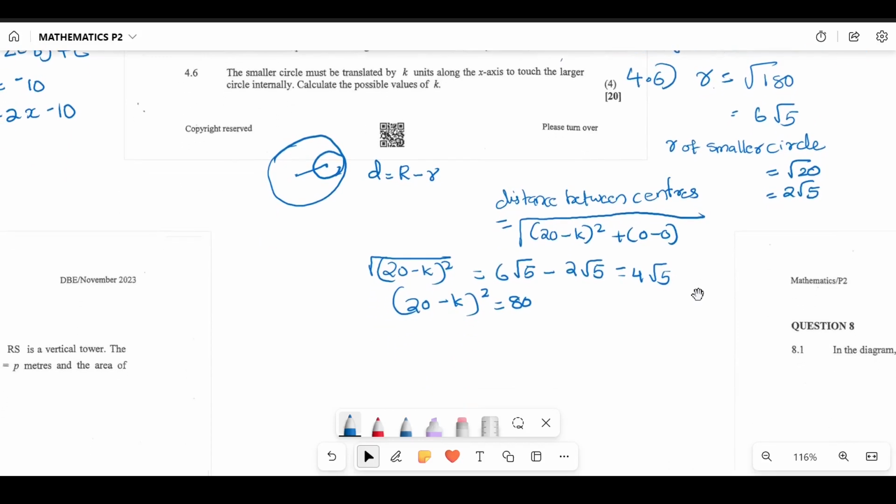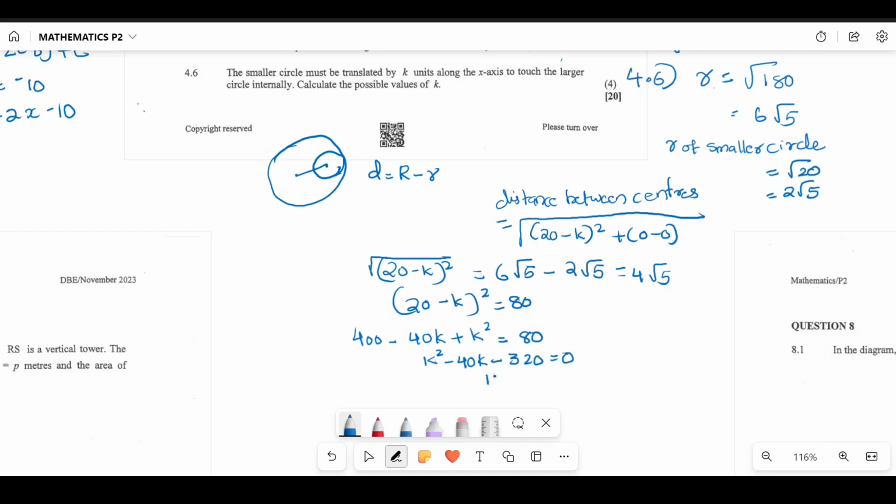Let us simplify: 400 − 40k + k² = 80. That means k² − 40k + 320 = 0.